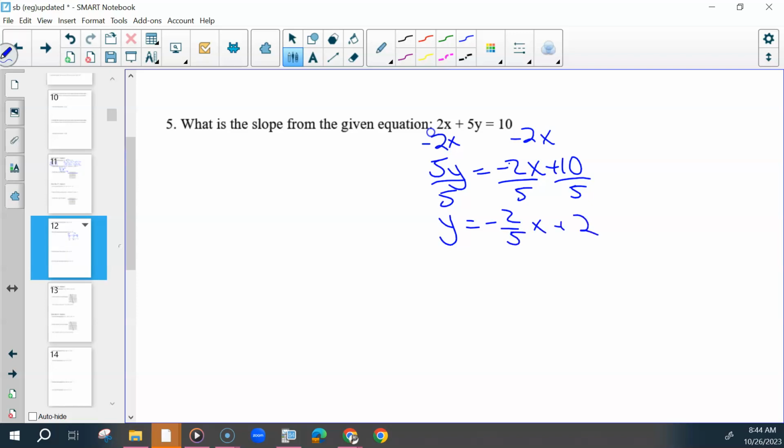And then from this, figure out which number would be the slope. Which of these would be the slope? Negative 2 over 5. Questions on that one?